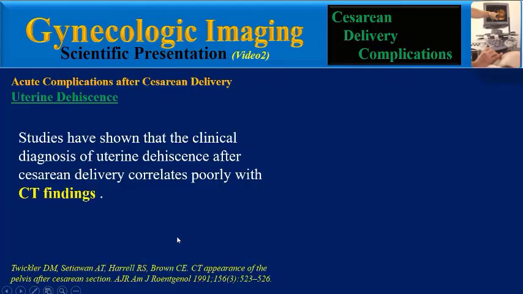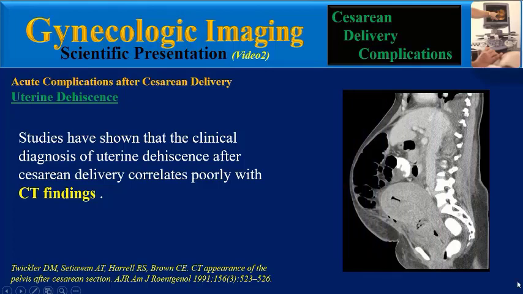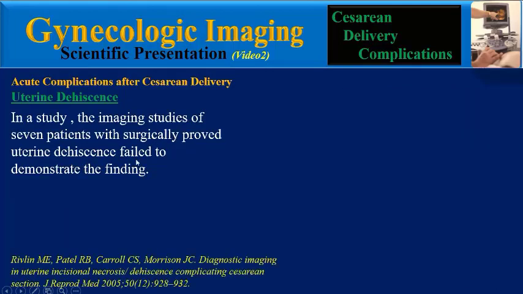Studies have shown that the clinical diagnosis of uterine dehiscence after cesarean delivery correlates poorly with CT findings. In a study, the imaging studies of 7 patients with surgically proved uterine dehiscence failed to demonstrate the finding.